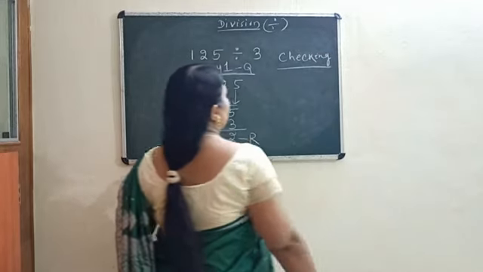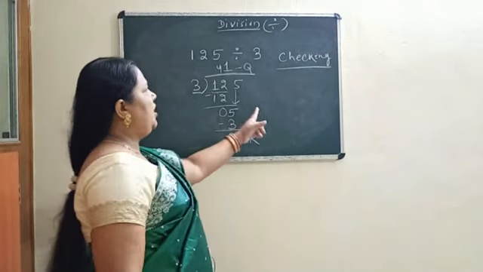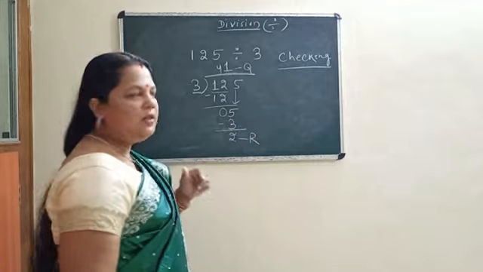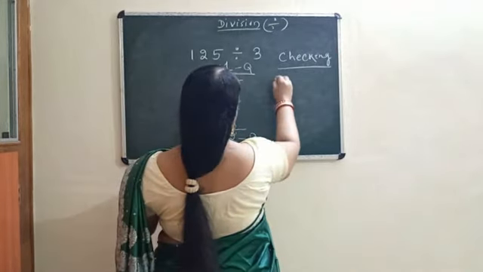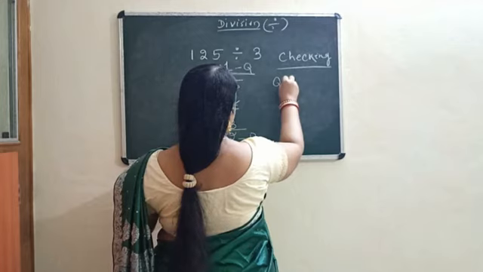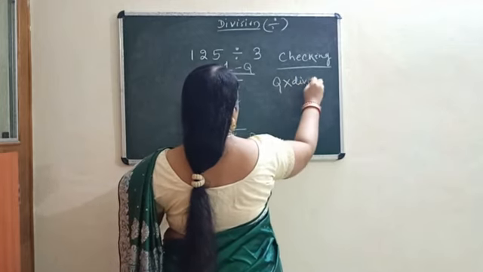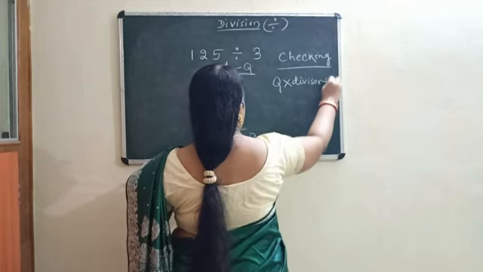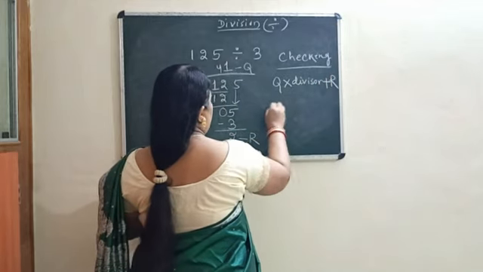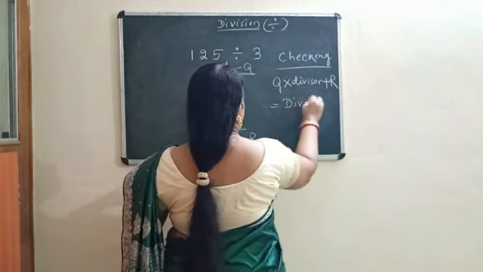Remember this, for checking means you have to check whether your division is right or wrong. So the formula is: first quotient multiplied by divisor plus remainder equals dividend.